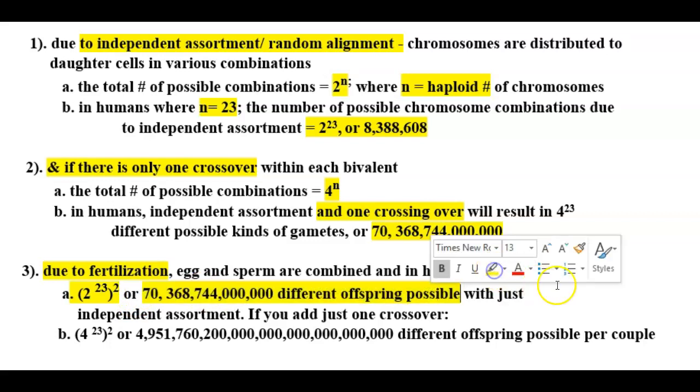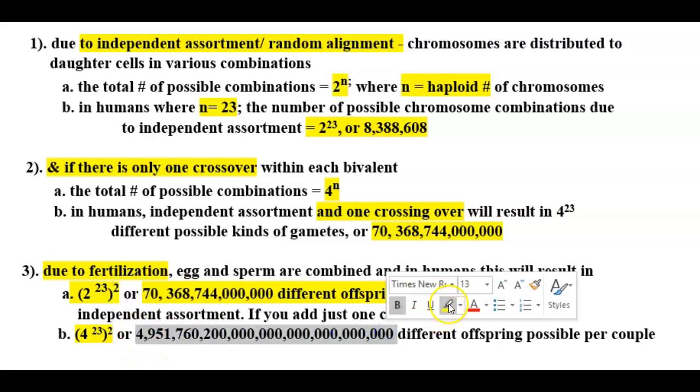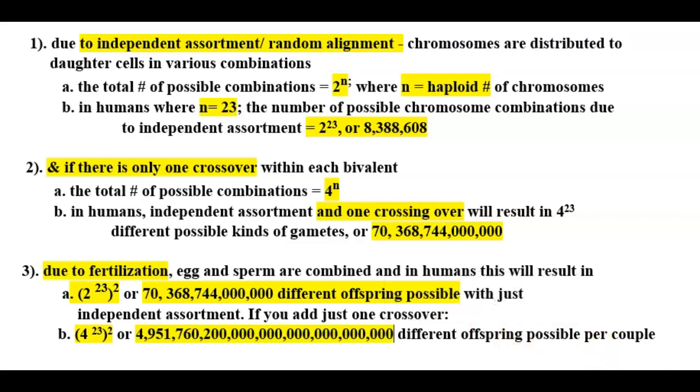Now we're going to add one crossover, 4 to the 23rd, to the second. I have no idea what that number is. That huge number of different offspring are possible per couple.